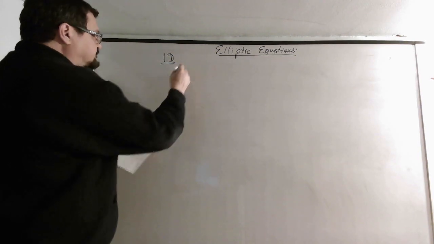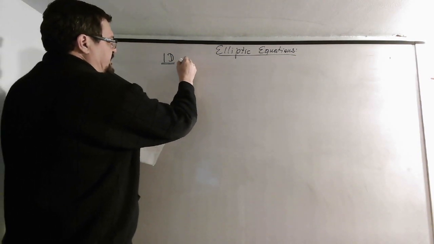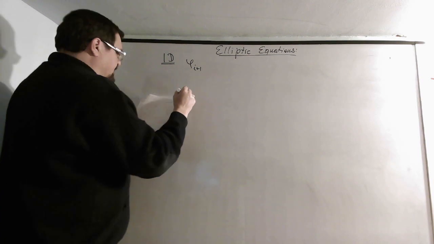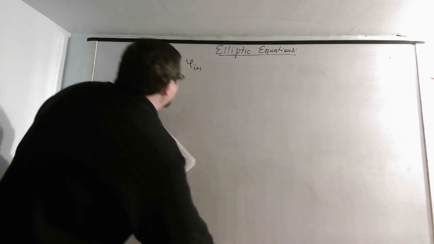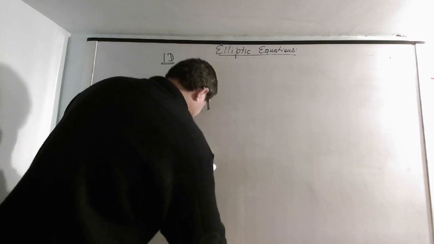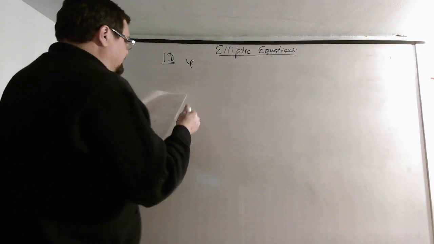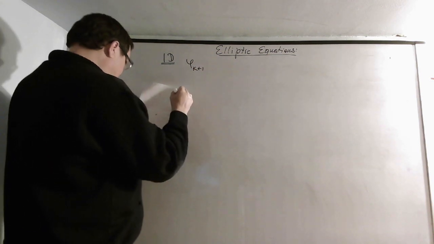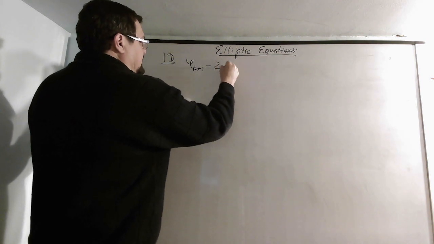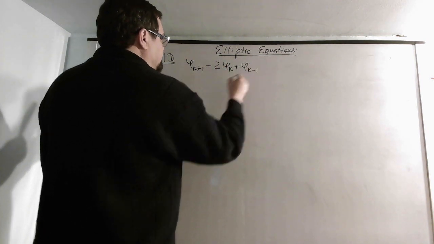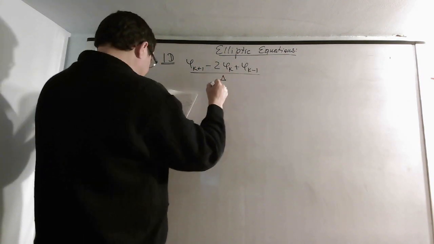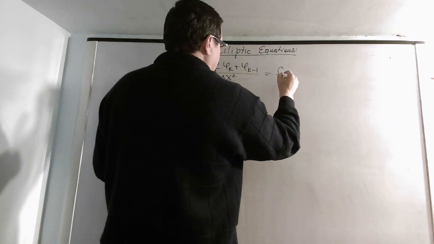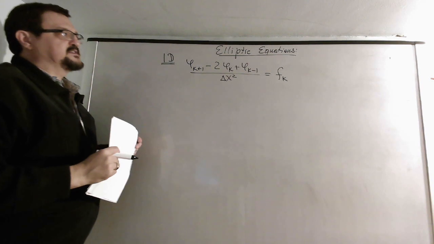We have a finite difference representation of our Poisson equation: phi_{k+1} minus 2 phi_k plus phi_{k-1}, divided by delta x squared, equals the right-hand side f_k. I use k rather than i because of the complex exponent i.